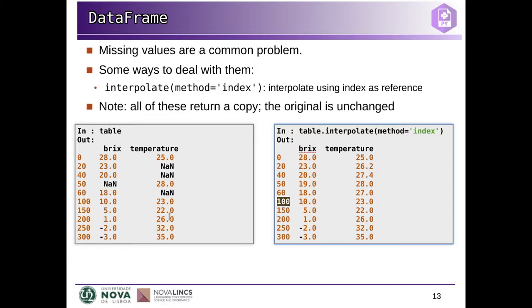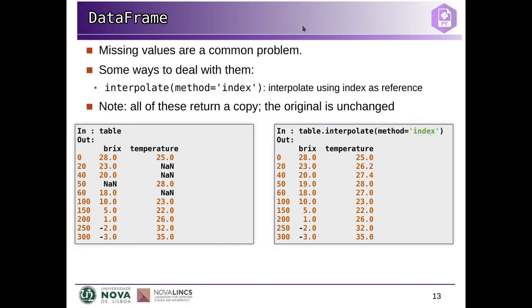So what this does is a linear interpolation between the extremities around any gap in the values, and then fills in the missing values with the interpolated values. Also, if you use this method with the index, it takes into account the differences between the index values.